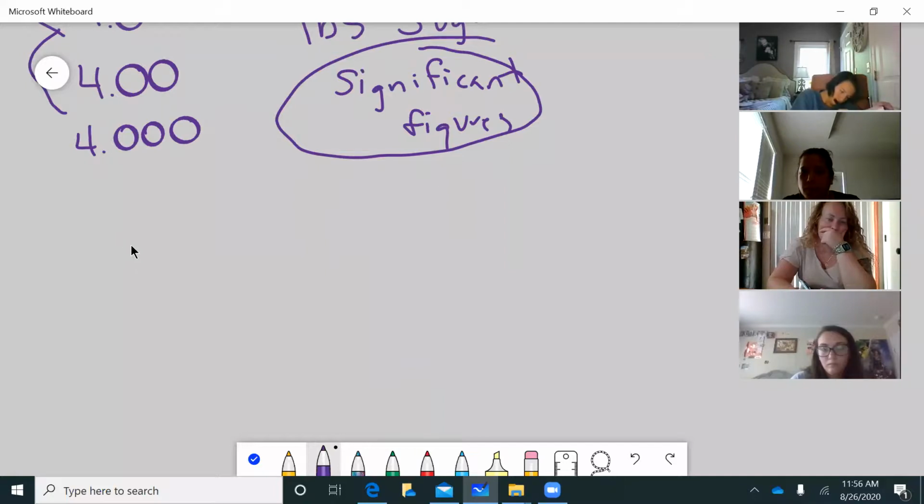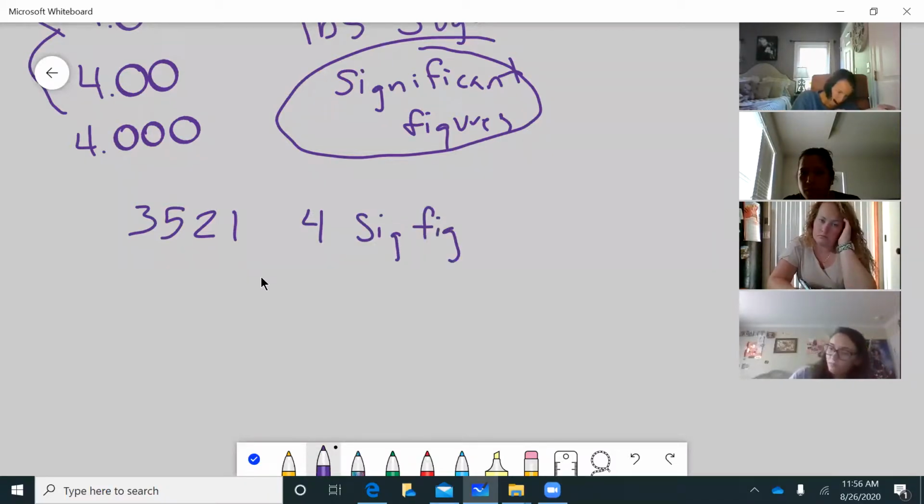If I write this number here, 3, 5, 2, 1, every single one of those digits is significant. So this number has 4 sig figs, or 4 significant figures.